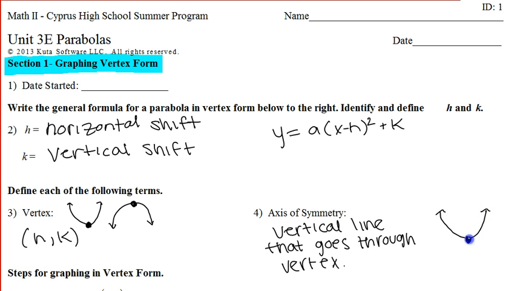We have our vertex right down here. This dotted line that goes through it would be the axis of symmetry. So those are a couple key things we want to understand before we begin graphing parabolas in vertex form.